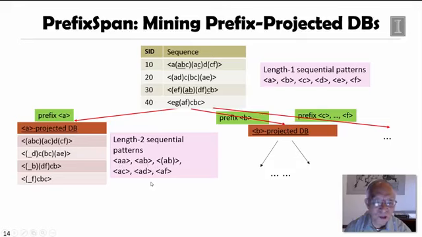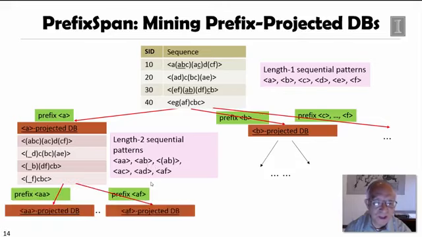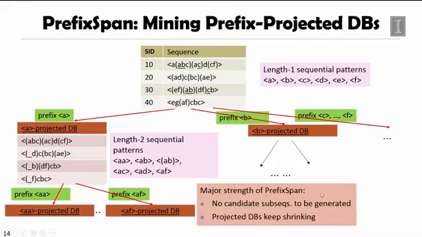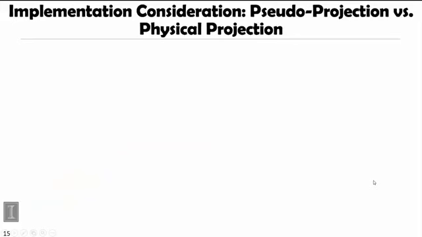Then we can do length 2 sequential pattern-based projection, finding the AA projected database, the AF projected database. Then we can keep this going. The major strength or advantage is that there's no candidate subsequence to be generated, and the projected database keeps shrinking.